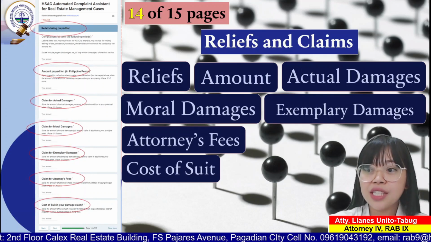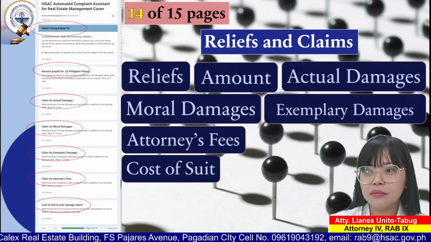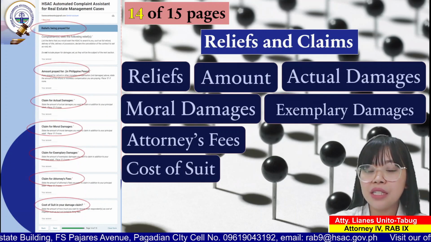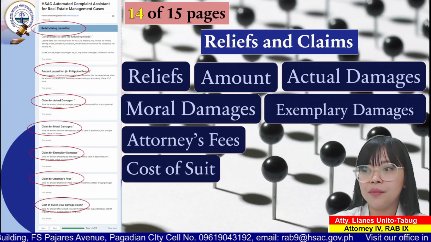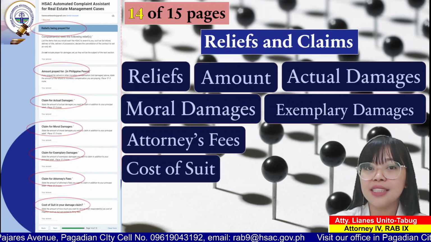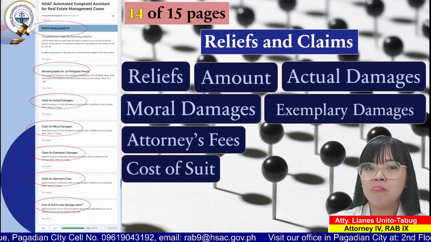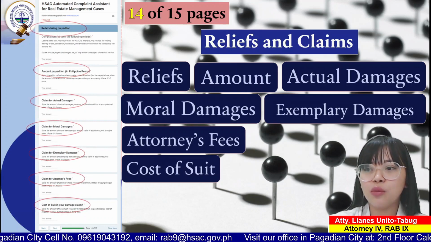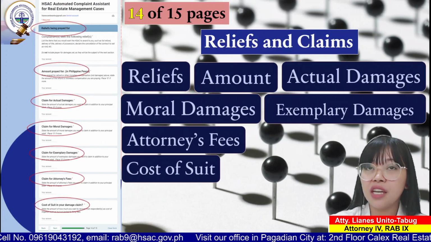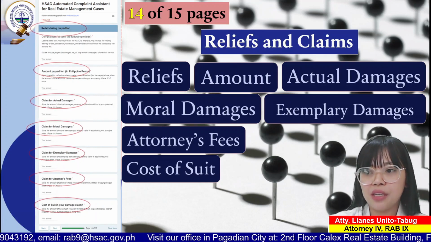Ang moral damages naman po are non-material damages. Damages that are awarded as a remedy of non-material harm, which includes physical suffering, fright, serious anxiety, besmirched reputation, wounded feelings, moral shock, social humiliation, and other similar injury.